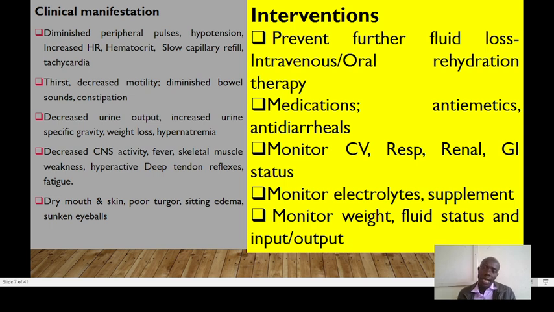Also tachycardia, decreased motility, diminished bowel sounds, constipation, decreased urine output, increased urine specific gravity, weight loss, and hypernatremia. We could also have decreased CNS activity, fever, skeletal muscle weakness, hyperactive deep tendon reflexes, fatigue, dry mouth and skin, poor skin turgor, and sunken eyes.